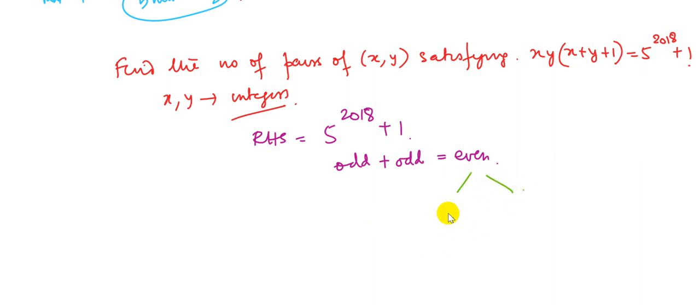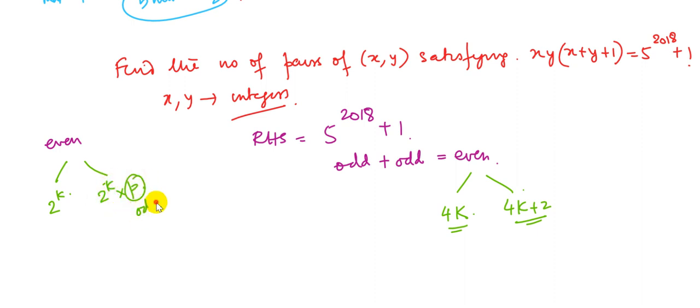One categorization is it can be of the form 4k or it can be of the form 4k plus 2. The other categorization, which I won't use in this case, but in other problems we'll need, is even number can be of the form 2 to the power k into p, where p is odd.